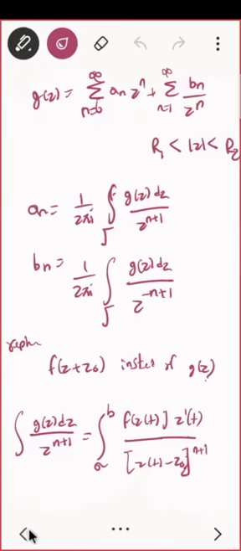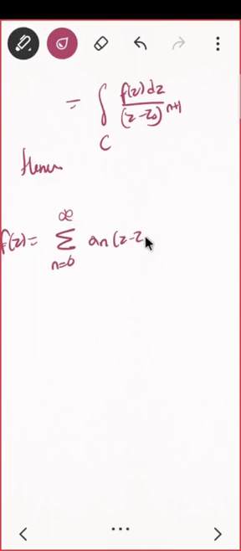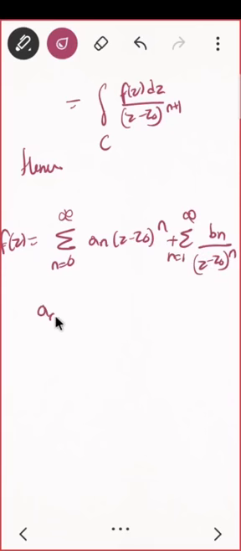So now we have my final answer, that is the original definition of the Laurent series. Hence you can write f of z is equal to summation n equal to 0 to infinity an z minus z naught raised to n plus summation bn upon z minus z naught raised to n, where n is equal to 1 to infinity. And what is my an? And what is my contour?